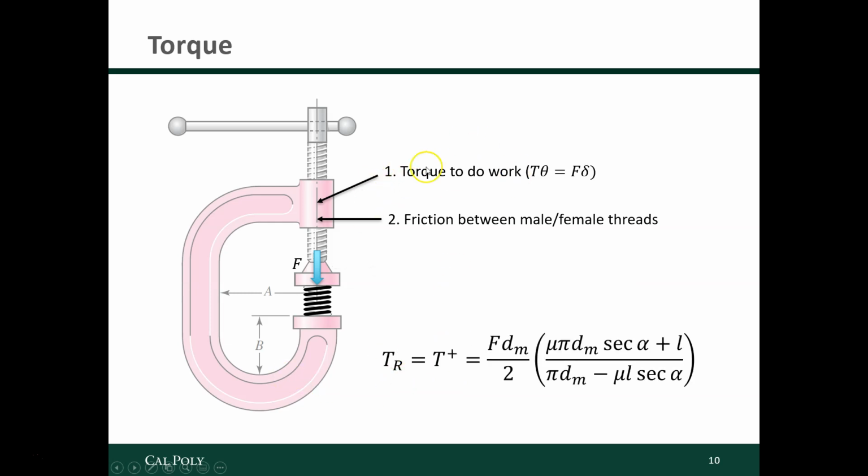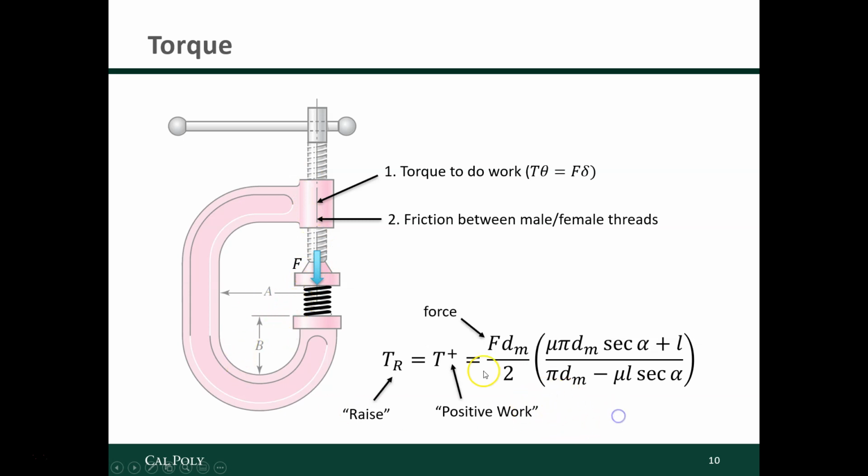So the first 2 components, the torque required to do the work and the friction between the male and female threads, is given by this equation here. And this is the equation for raising a load, right? The TR is for raise, but that's the same as doing positive work. That's the same as if we were pushing down on the spring. The force that the screw is applying is in the same direction as the displacement, positive work.